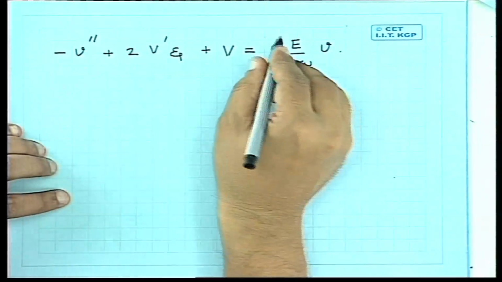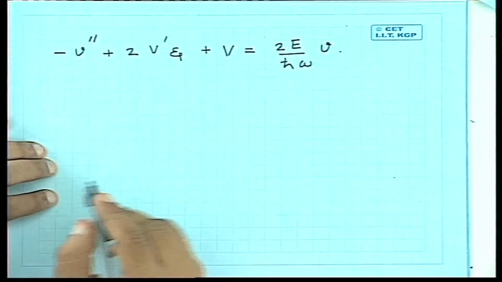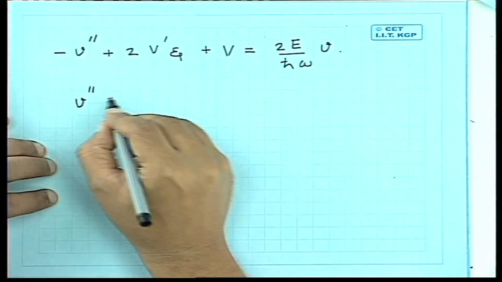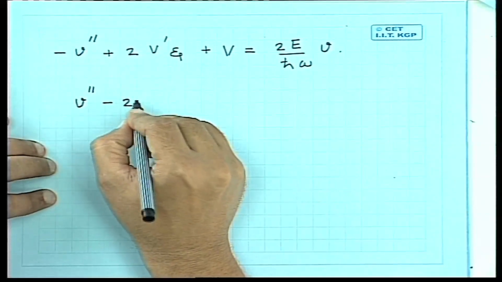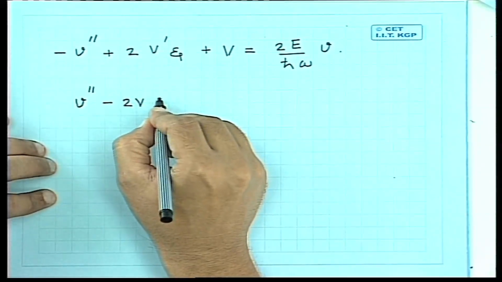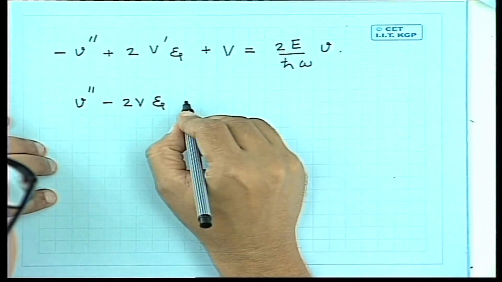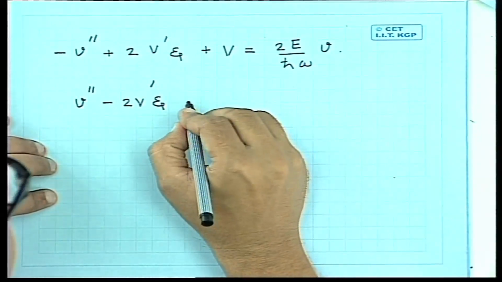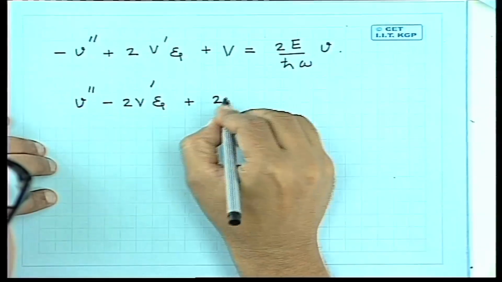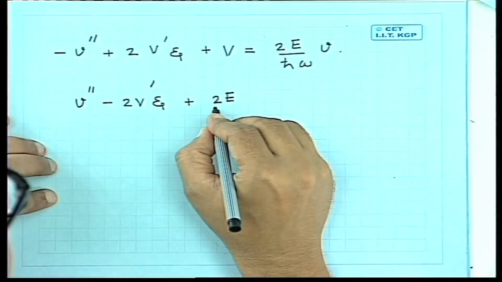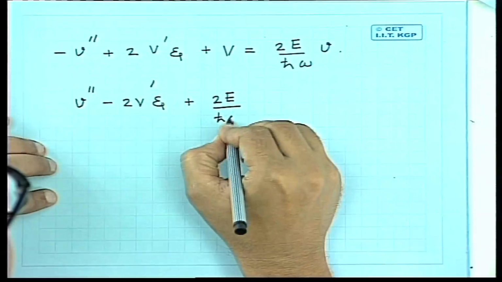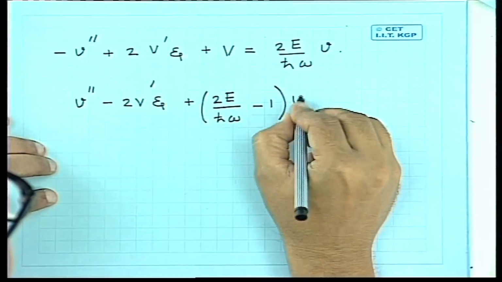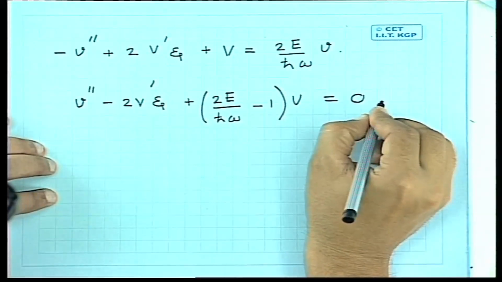which if you simplify, just bring this onto this side and multiply throughout by minus 1, what it gives us is v double prime minus 2 xi v prime plus 2e by h cross omega minus 1 into v is equal to 0.